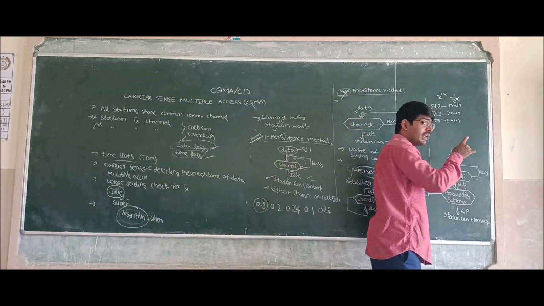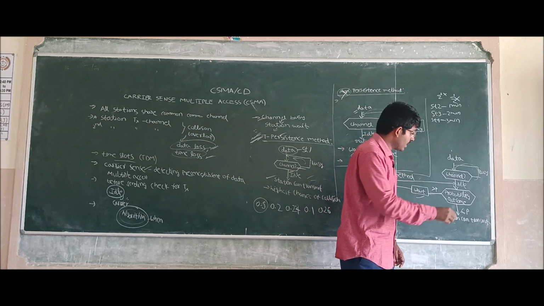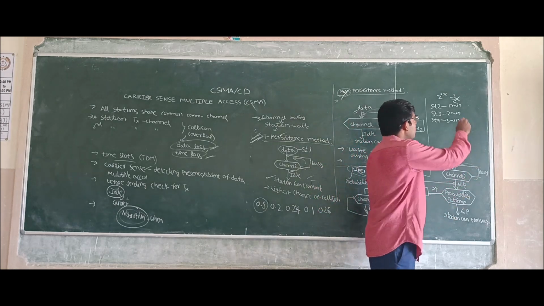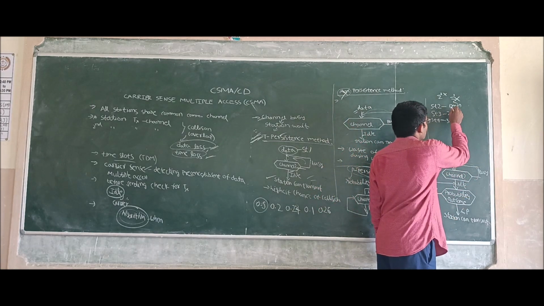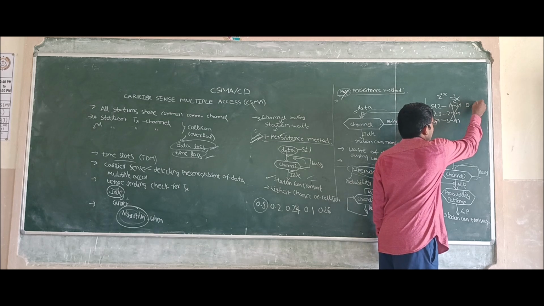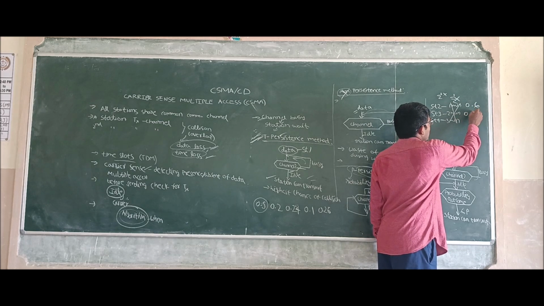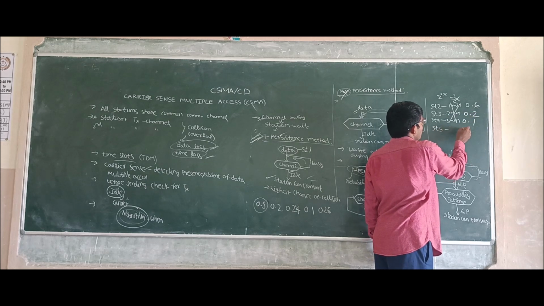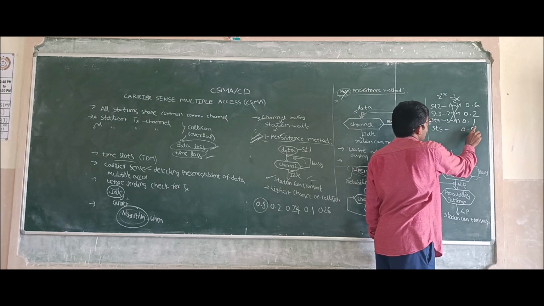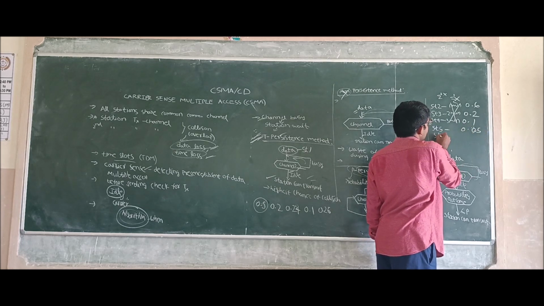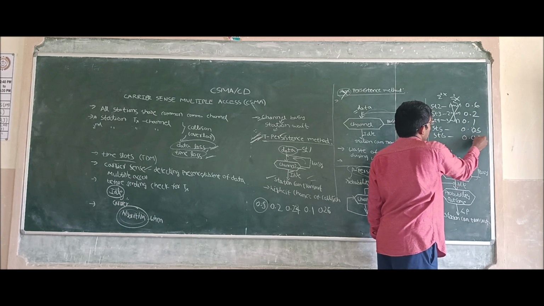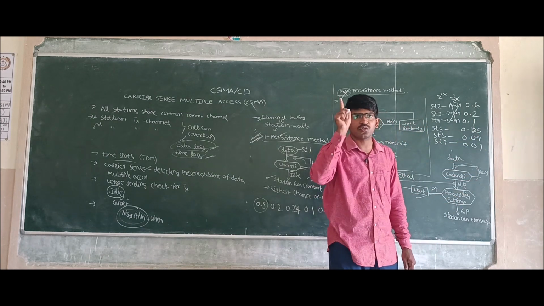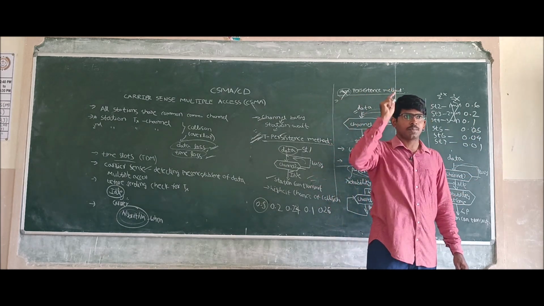Instead, we give a probability to each station. For example, station 2 gets probability 0.6, station 3 gets 0.2, station 4 gets 0.1, station 5 gets 0.05, station 6 gets 0.04, and station 7 gets 0.01. If you add all these, finally we get 1.